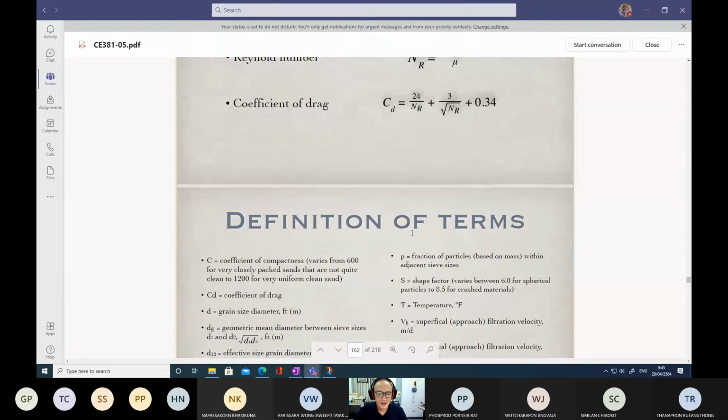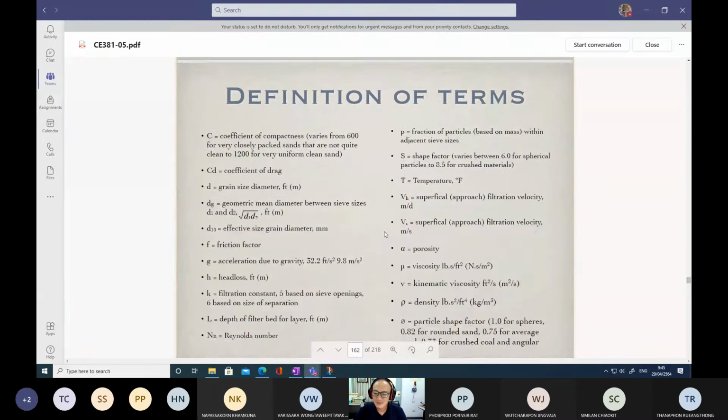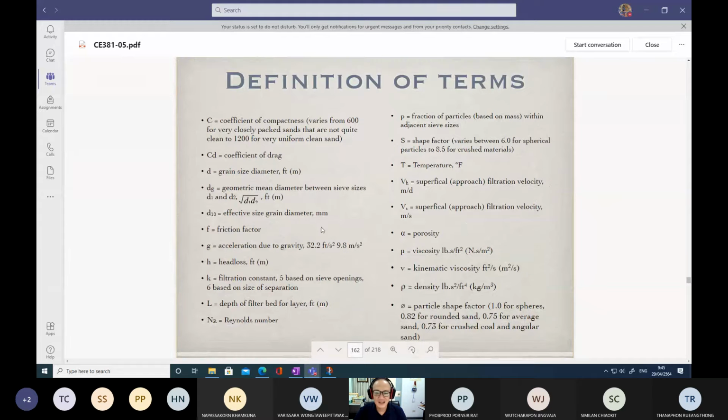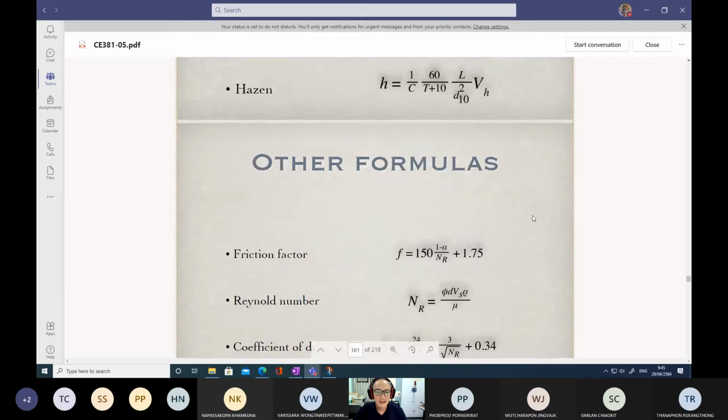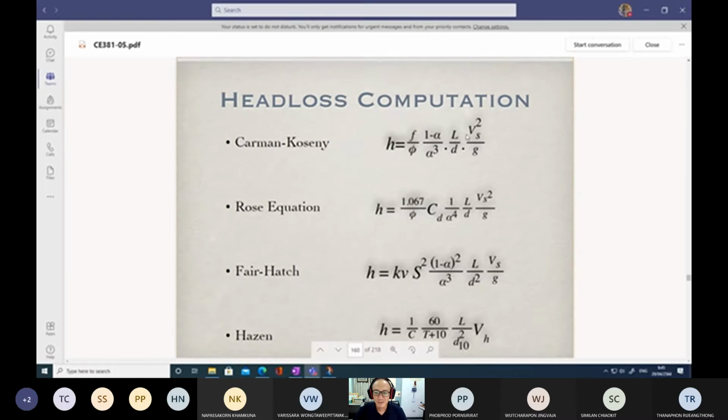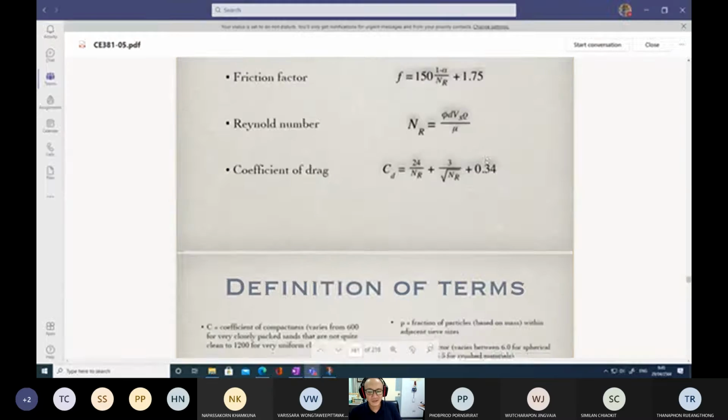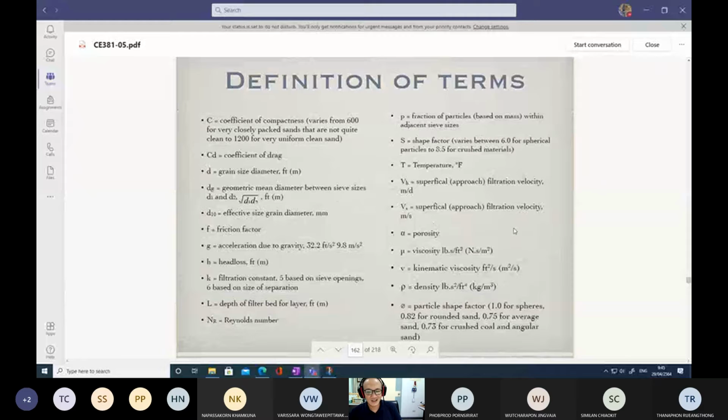So for the definitions of terms you have to follow this bibliography, but the abbreviations used here may be the same as we have used in the previous parts of these chapters. For the head loss determination, you have to look for the definitions in this slide.